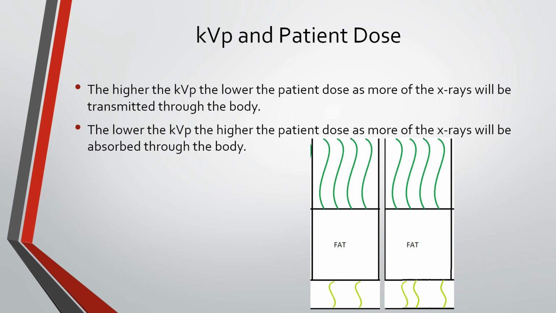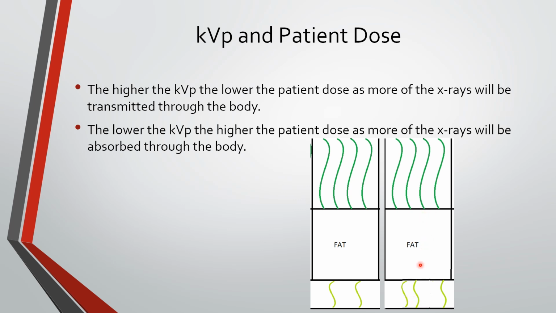And we can see here, this is just a quick little thing. So of the X-rays coming in, these 4 waves here represent all the X-rays coming in, let's say, and it's hitting the same tissue. Okay, so the one on the right is going to be a higher KVP as more of the X-rays are being transmitted through.